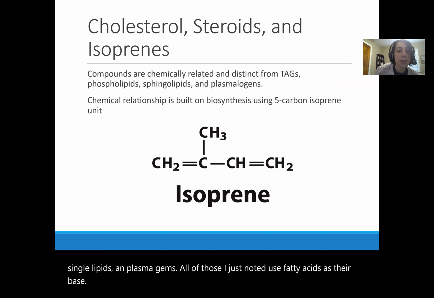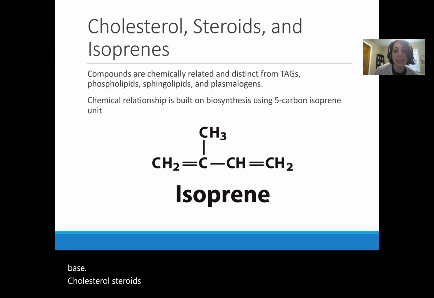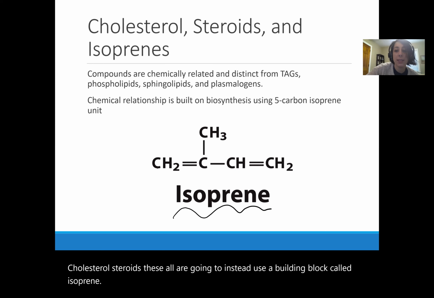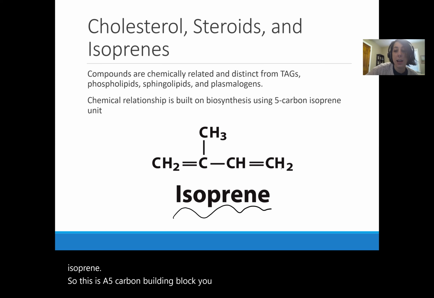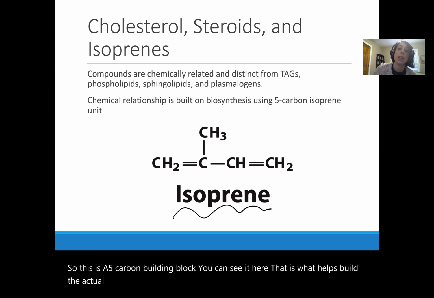Cholesterols and steroids all are going to instead use a building block called isoprene. So this is a 5-carbon building block. You can see it here. That is what helps build the actual backbone of cholesterols and steroids.